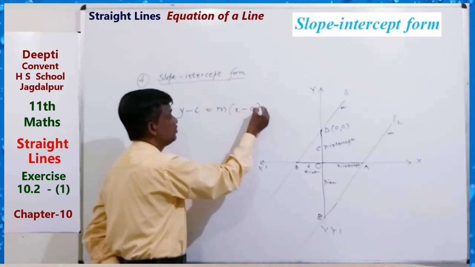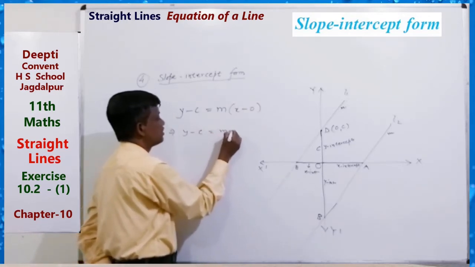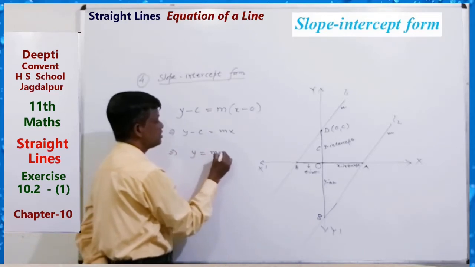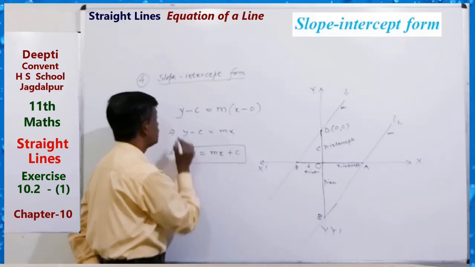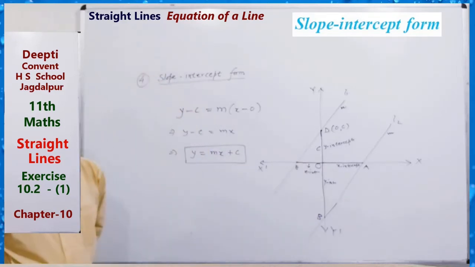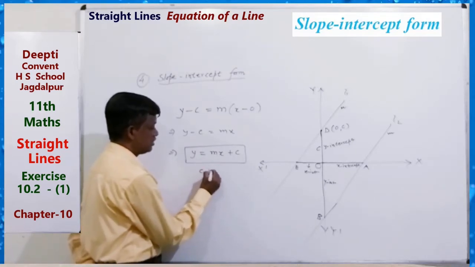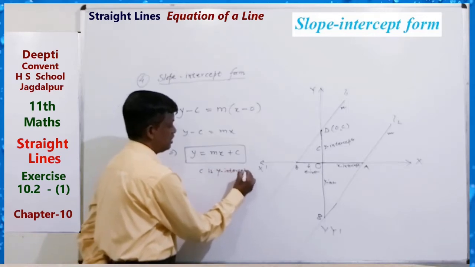The point is (0, c), so we can write y minus c equals mx. From here we can write y equals mx plus c. So this is slope intercept form, where c is the y-intercept.